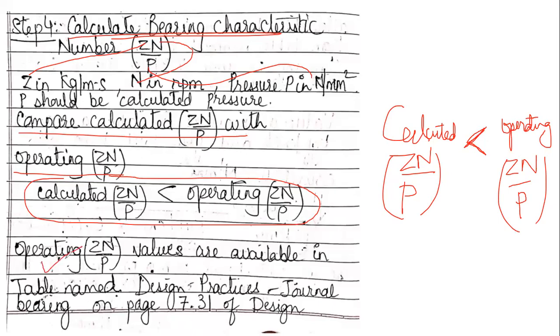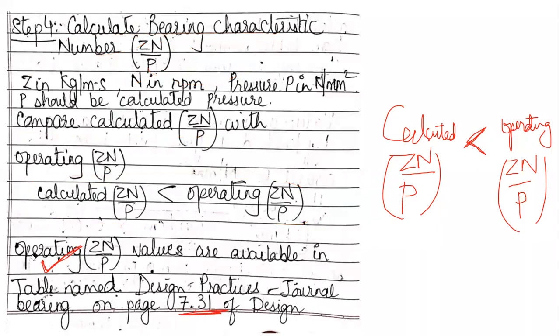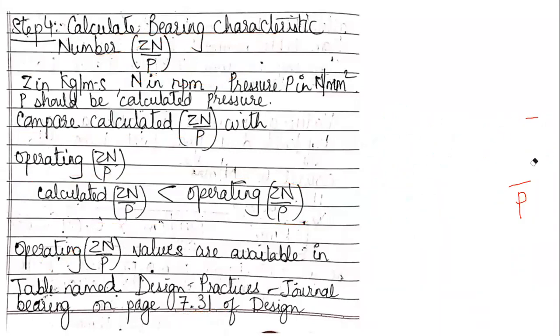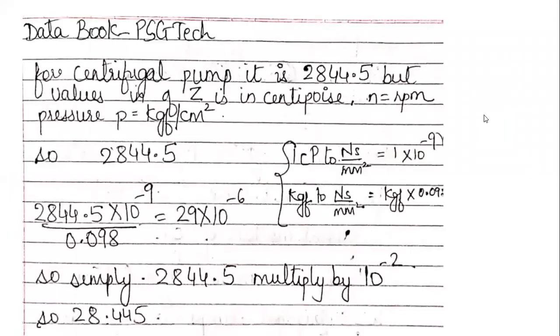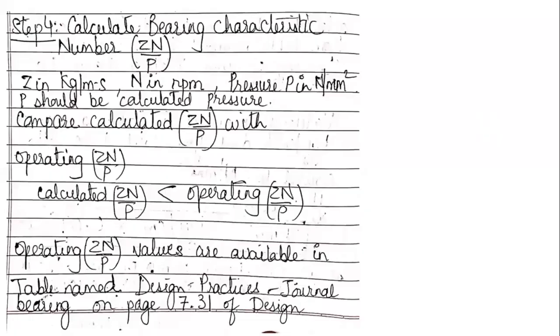Where is this operating Zn by P value? Again, on page 7.31, in the design practices table, you can find the operating Zn by P value. Where is it?